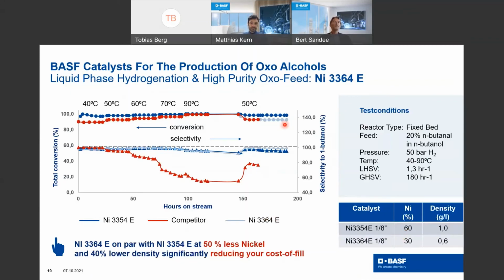But you can immediately see that the performance is up there with 3354, and it's likely to assume that the cycle life is slightly shorter for the 3364, but it does not show any selectivity drop, and it's also very nicely recovering when going back to 50 degrees C. So it does look like a very interesting lower cost of fill alternative to 3354.